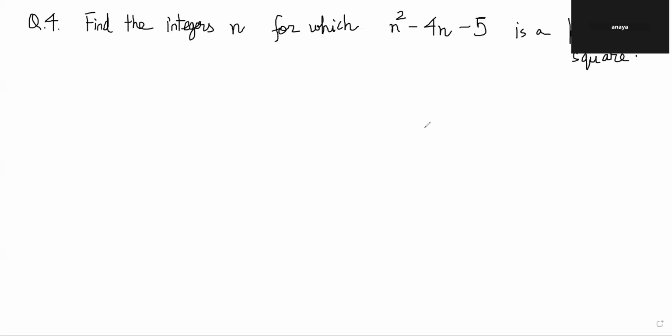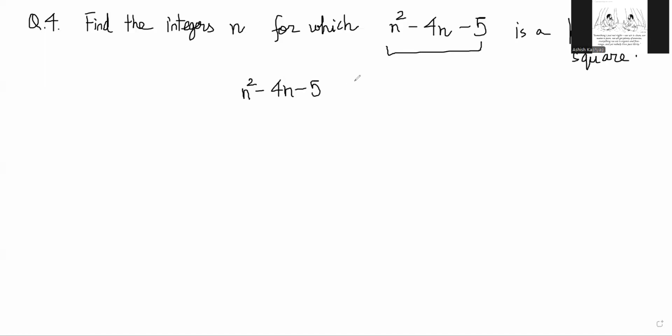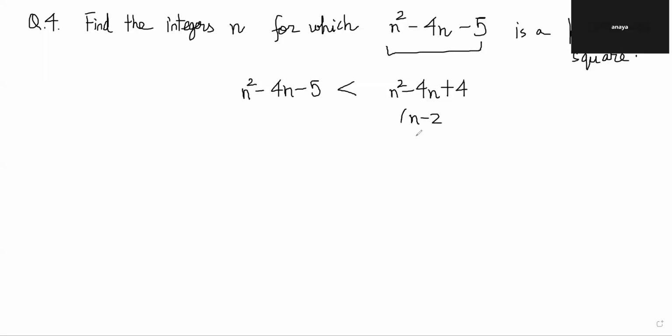If you look at this, it should give you a hint of a perfect square. It is close to n square minus 4n plus 4. So we can say for sure directly that n square minus 4n minus 5 is less than n square minus 4n plus 4, which is (n minus 2) square.